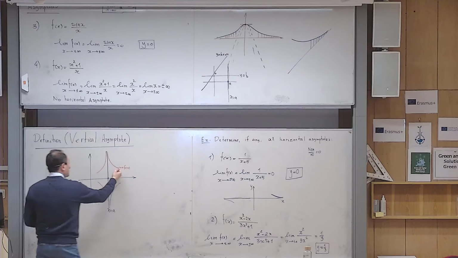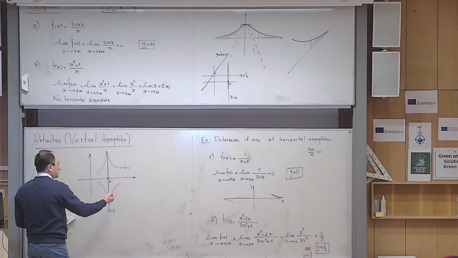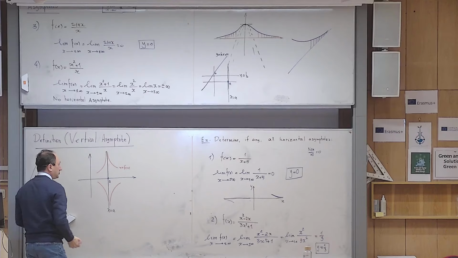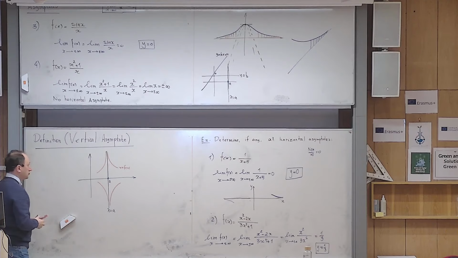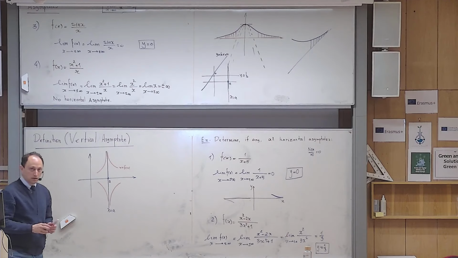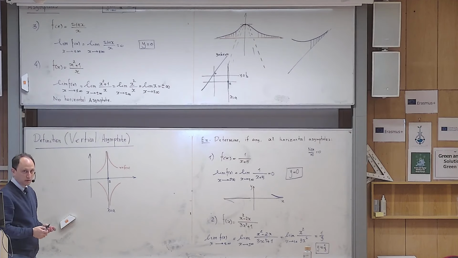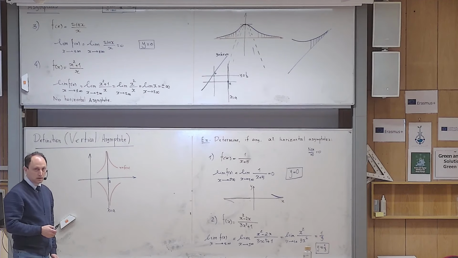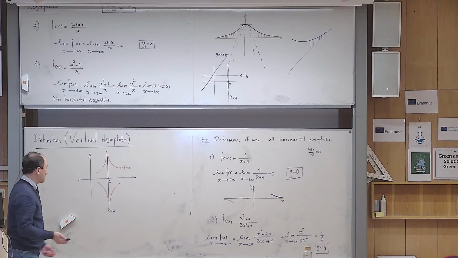And then you want to formulate this behavior with mathematical symbols. What do you write? Yes? Limit as x approaches a from the right. Yes, a from the right. Should be equal to infinity. Positive. Yes, exactly.